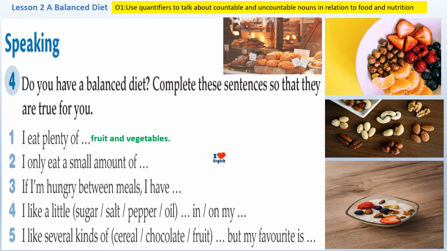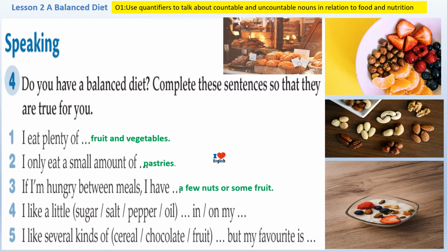For me, on my diet, I eat plenty of fruit and vegetables every day. I only eat a small amount of pastries. I like pastries, but I don't eat plenty of them. If I'm hungry between meals, I have a few nuts or some fruit.